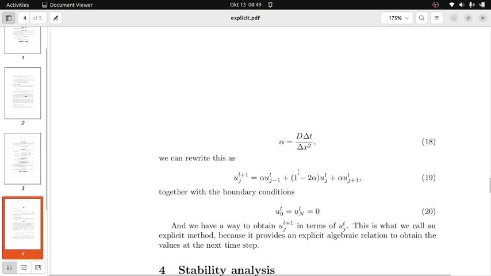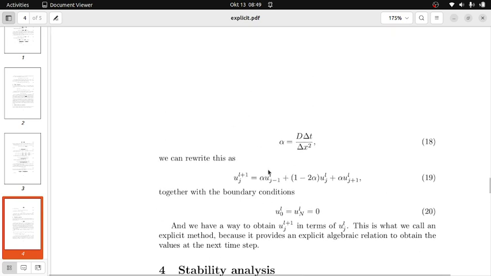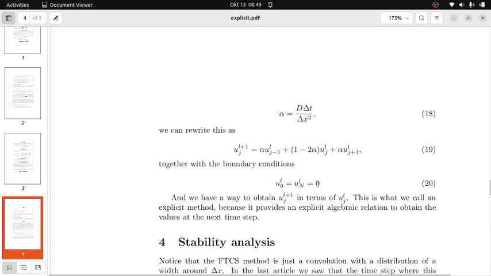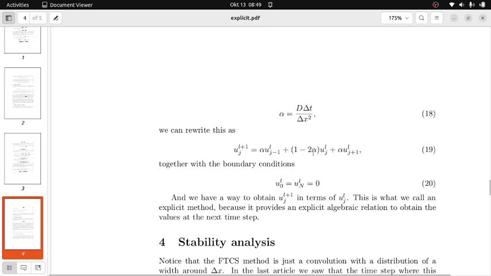And to introduce some notation, if we let α = DΔt/Δx², we can rewrite this as U_j^{l+1} = α U_{j−1}^l + (1 − 2α) U_j^l + α U_{j+1}^l. And together with the boundary conditions, if we set that U_0^l = U_N^l = 0 for every l, then we can apply this relation to obtain, given the configuration at l = 0, the one for l = 1, and l = 2, and so on, right?